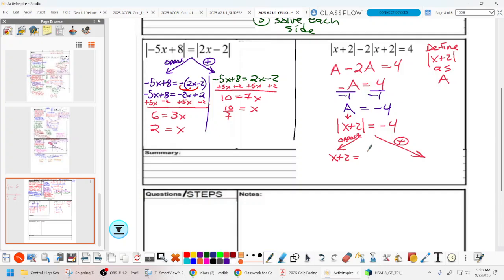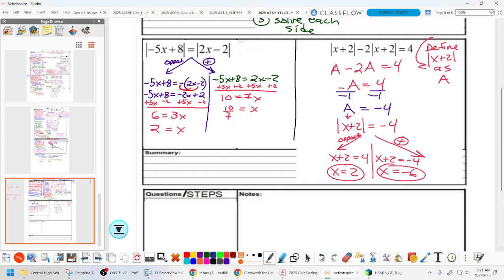But the opposite of negative 4 is positive 4. Okay, solve these, you'll get 4 minus 2, which is 2. And then over here, negative 4 minus 2, which is negative 6.